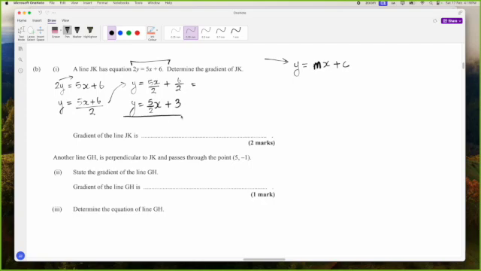This is the actual general equation of the line, where the gradient of the line JK is 5 on 2. You'll kind of be showing the examiner that you're an amateur.